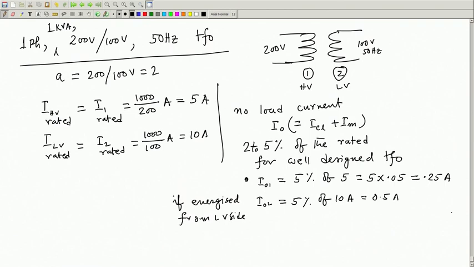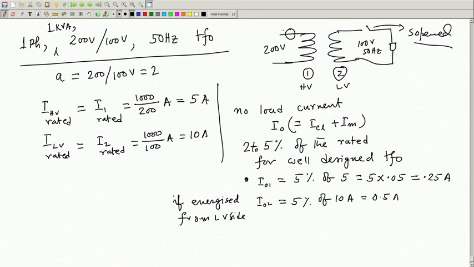That is, suppose you are energizing the transformer from the HV side with the secondary no load, meaning no impedance, the switch is open here. No load means S is opened. Then suppose I want to measure this no load current, how do I choose the ammeter range? It guides you. Okay, from the HV side, better take an ammeter whose range is 0 to 0.5 ampere.